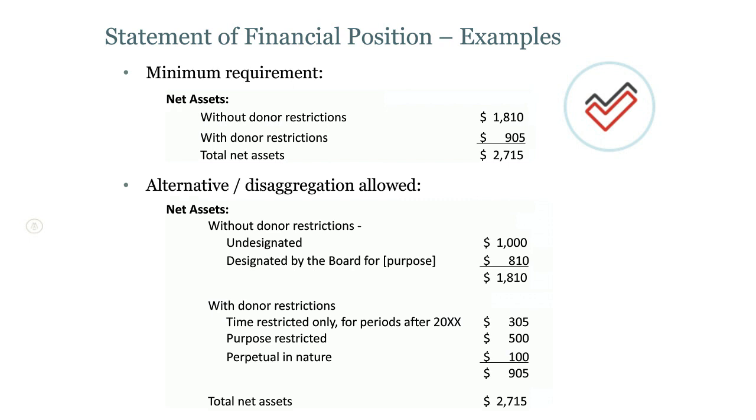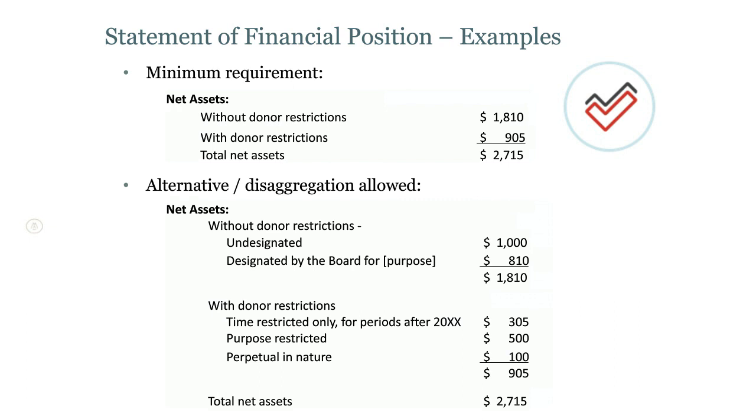I think it's going to vary based on the users of your financial statements, as well as the different restrictions that you have as an organization and what will make sense to show. So this is something that I think is going to be important to start thinking about now, so this isn't a last-minute scramble on how much of this information you want to show on the face of your financial statements.